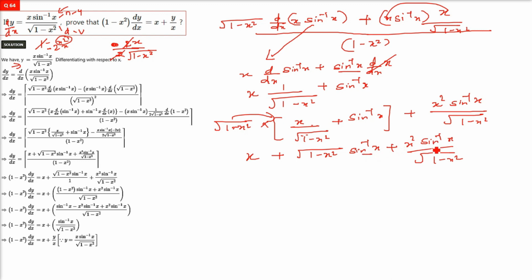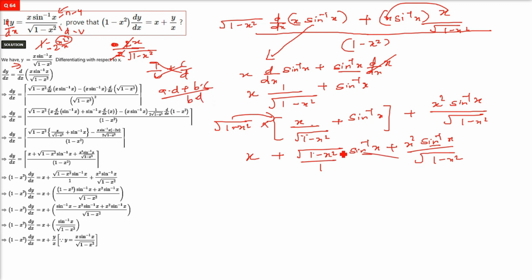So sine inverse x and sine inverse x are here. So let us take the LCM. Now please remember always a by b plus c by d. If we don't know how to find out the LCM, then we multiply a with d, so ad plus b into c, and then in the denominator we have b into d. Okay.